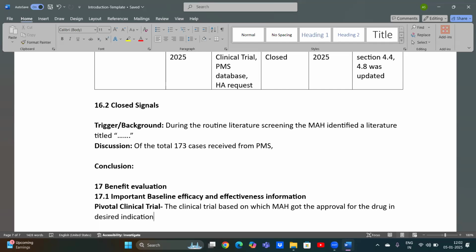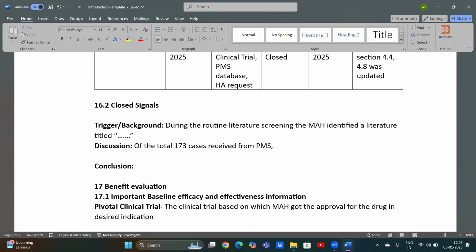So that clinical trial, based on which you are seeking approval from the HA or health authority for the drug to be used as immunosuppressant in the market, that clinical trial will become your pivotal clinical trial. Okay? Understood? Not understood?